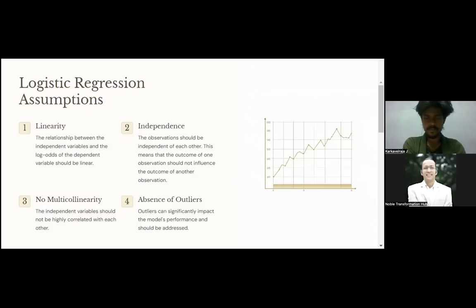Okay, absence of outliers. Outliers will significantly impact the model's performance and should be addressed. So these are the assumptions which we need to satisfy when we are using the logistic regression model. It's a powerful tool, so we can use it, but we need to keep these assumptions in mind, and then we can go for application.